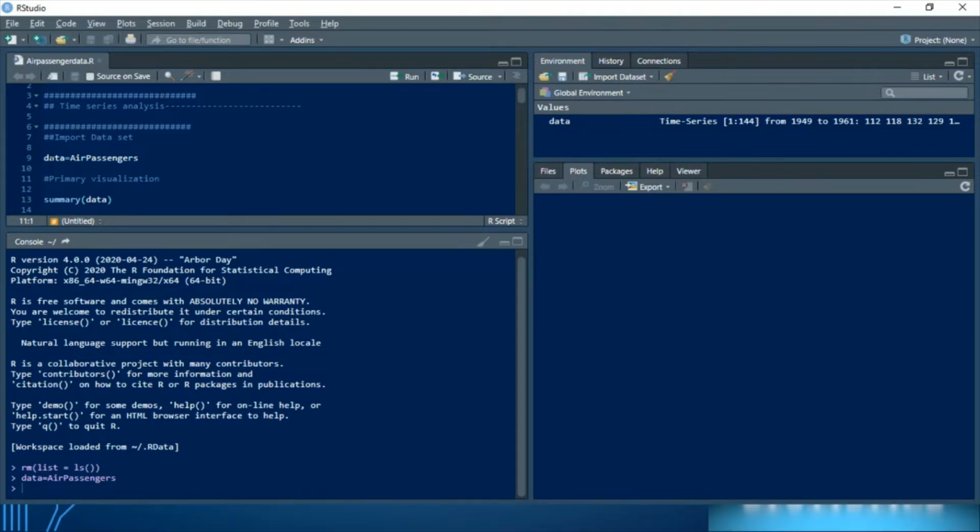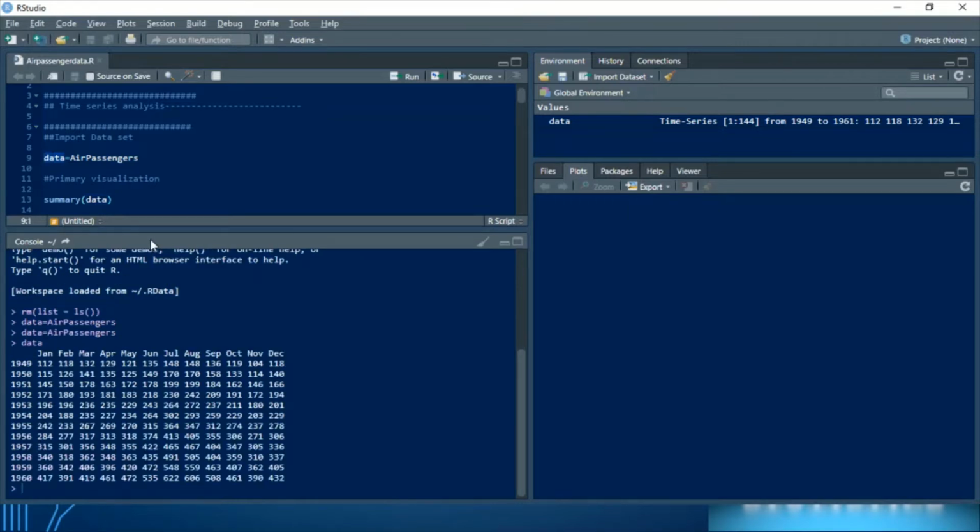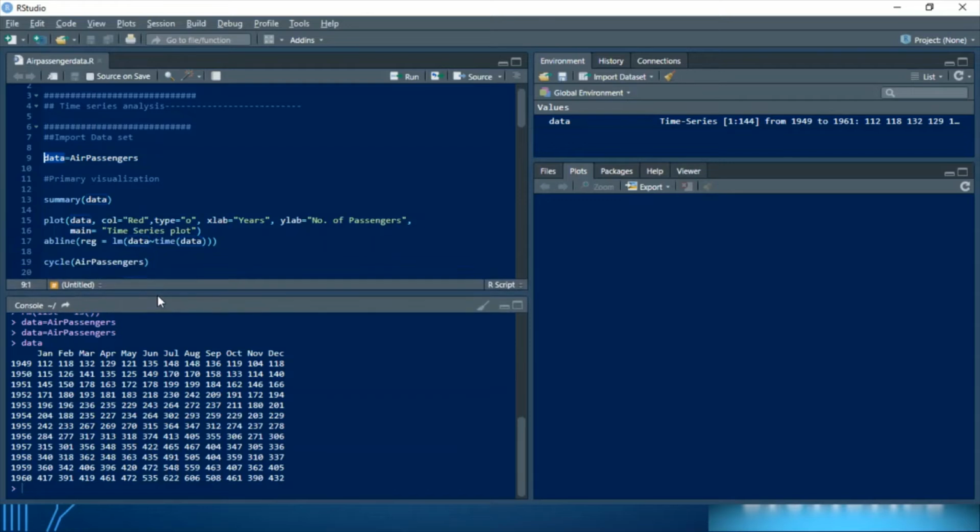So let's see what the actual data is. There is a set of observations from 1949 to 1960, and for each year there are 12 observations, one for each month, which are the number of air passengers who travel in a month through airlines.